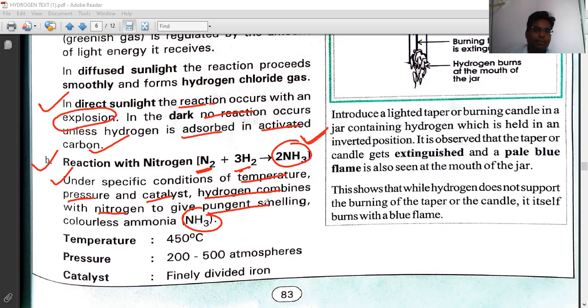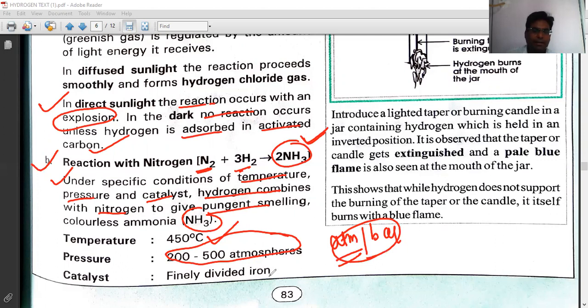This reaction happens at a temperature of 450 degrees Celsius and a high pressure, 200 to 500 atm. Atm means atmospheric pressure, or pressure also has the unit bar. The catalyst we use here is finely divided iron.